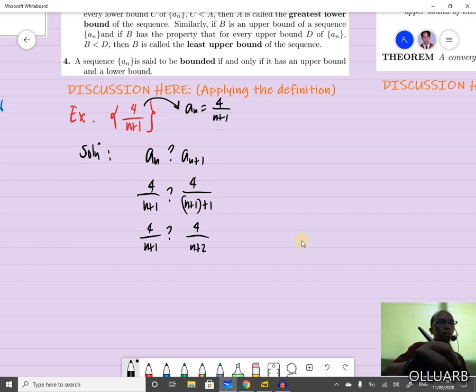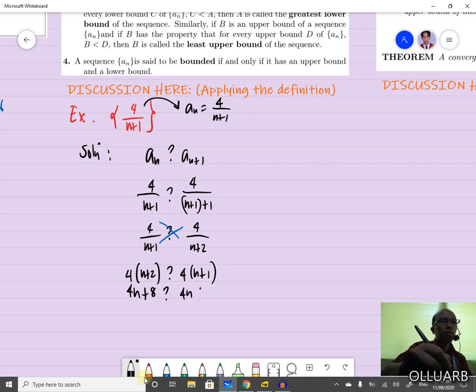So we cross multiply: 4 times n plus 2, compared with 4 times n plus 1. So this is 4n plus 8 and 4n plus 4.